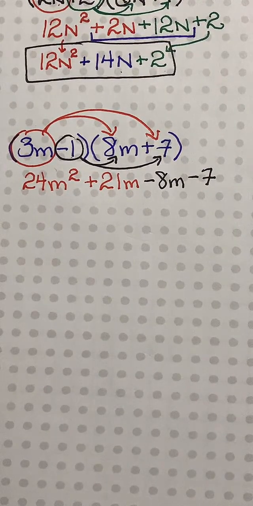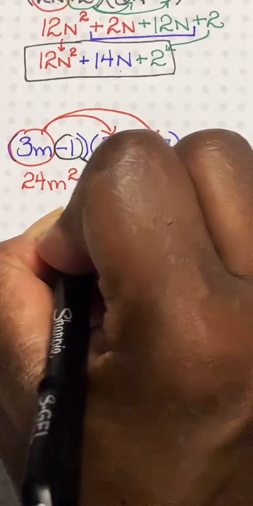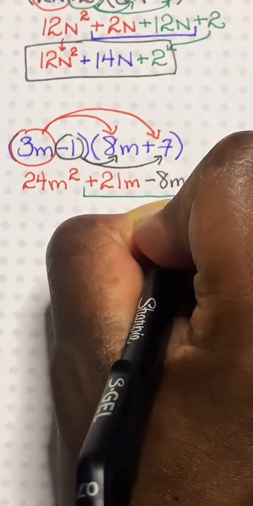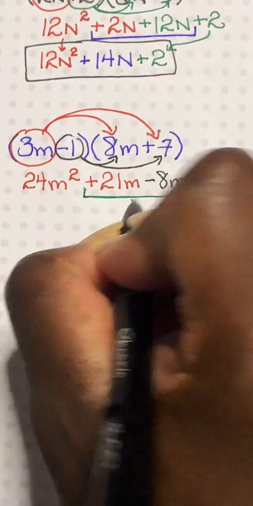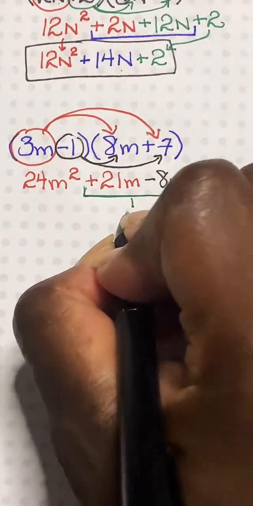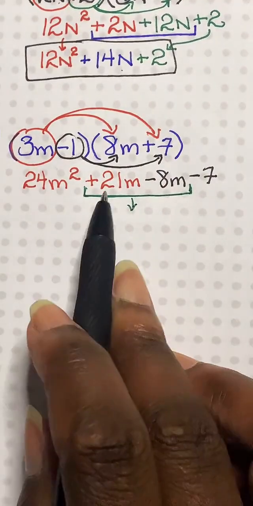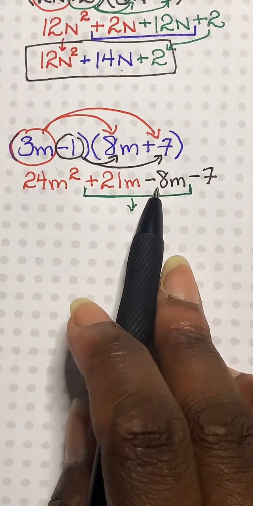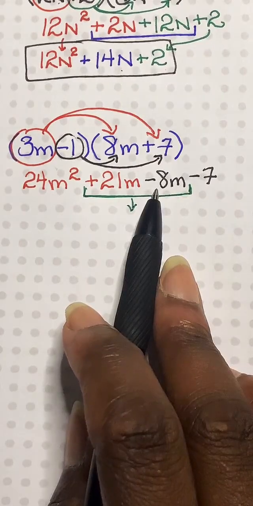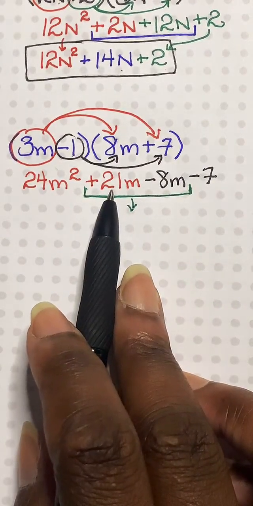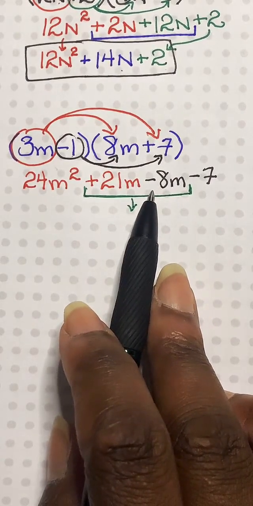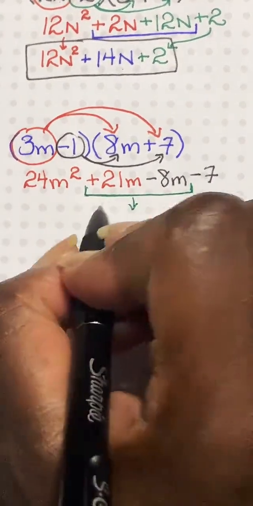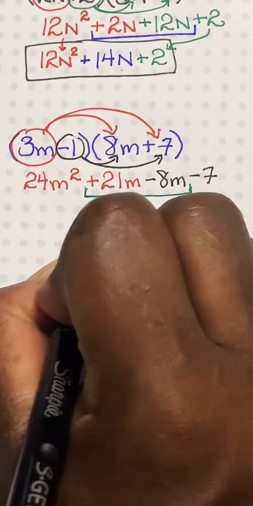As I mentioned earlier, right smack in the middle, those are going to be your like terms. So if I combine, I have 21 minus 8. Think of money. You had $21. Good job, you're rich. Then you minus 8. That means you're still in the plus.